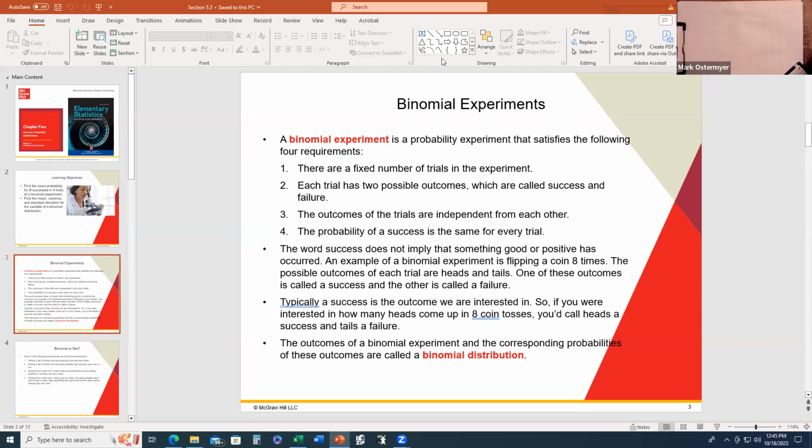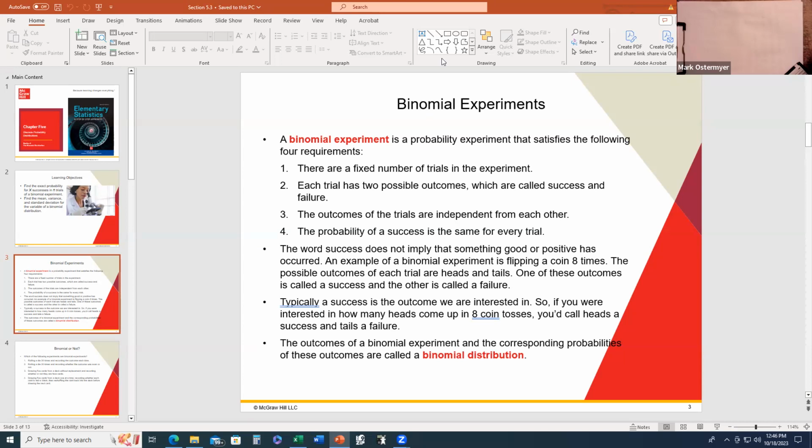So if I have a fair coin, and I define the random variable x to be equal to the number of heads I toss in 20 tosses, and again, there are 2 outcomes per trial, because I'm interested in a head occurring on any toss, I would call that a success.